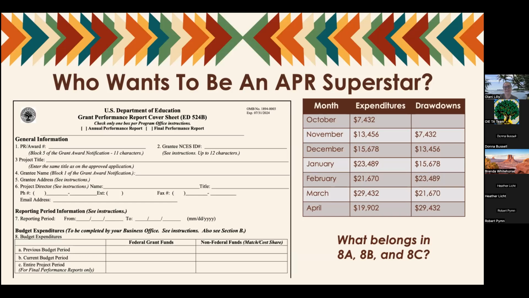I think I'll let you take a moment and answer that second question. What goes into 8B? That's where we're going to be requiring some math skills. Again, remember what the reporting period is.